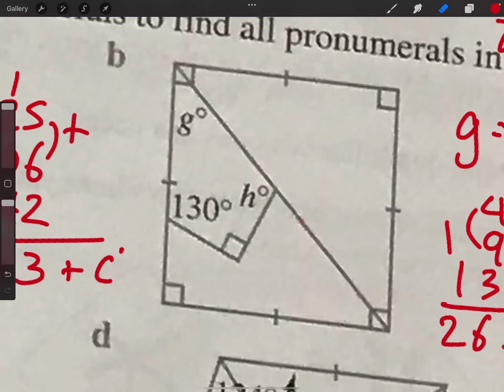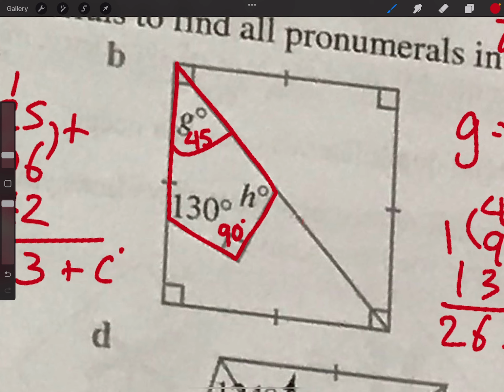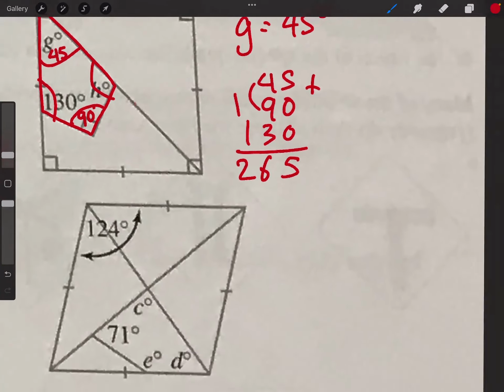Now the reason I did that, I'll just show you real quick. We worked out that this is 45 degrees. And inside here you have a four-sided shape. This is 90 degrees. That looks bad. Okay, how about this? Yes. So therefore these 4 angles, 45, 90, 130 and H must give you 360 degrees.